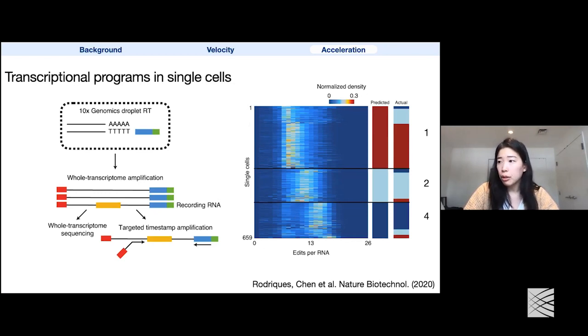So you can perform k-means clustering on the timestamps, and you get 3 distinct clusters that correspond to the 3 different induction points, where red is like 1 hour, light blue is 2 hours, and dark blue is 4 hours. And examining these cells, about 75% of the cells were assigned to the correct induction condition. And so the idea is then you can integrate your whole transcriptome analysis with a temporal element as well.